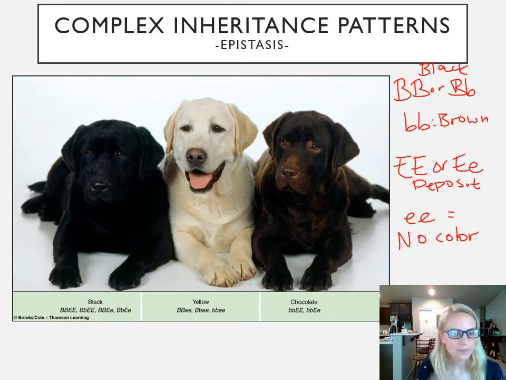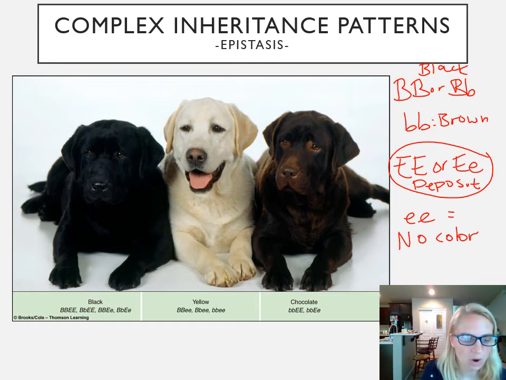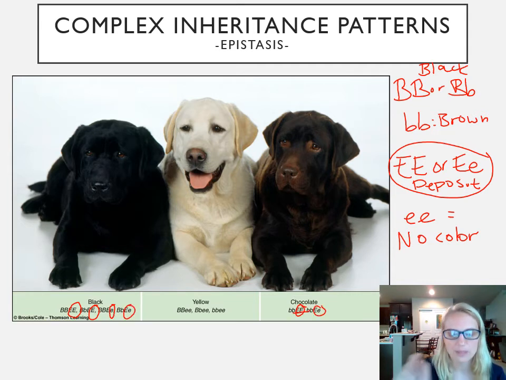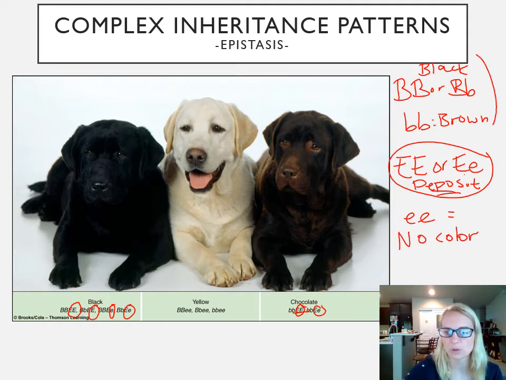So for example, if we want to make sure that our dog's fur is going to have color, it has to be either homozygous dominant or heterozygous. So all of these guys that have the black or the brown fur will notice they have at least one big E. And then once that big E is found, we can deposit color, and then we look to the gene for the actual color to determine the color of the dog.